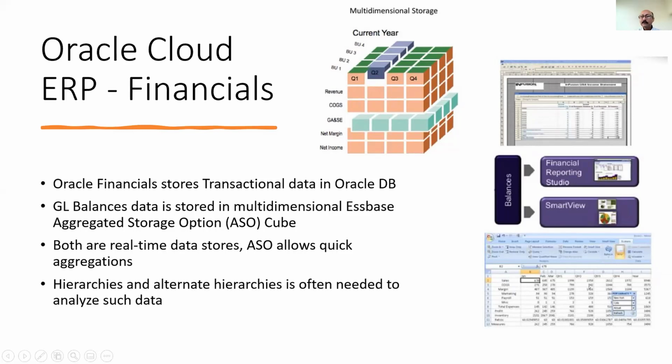As a result, even on the ERP side, now we end up with multiple tools: Smart View, if you want an Excel kind of interface, or for income statements and other kinds of street reporting, FRS becomes available within the ERP suite of cloud applications now. So this is one change from moving from on-prem to cloud, where Oracle is now able to use relational and multidimensional underlying its applications.